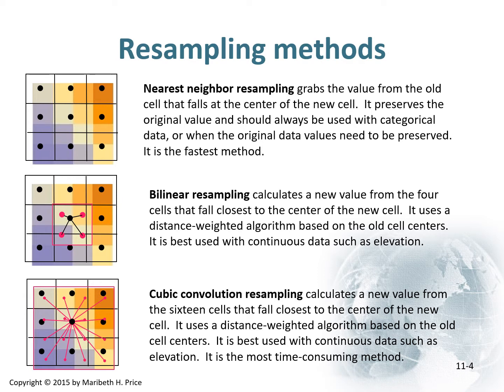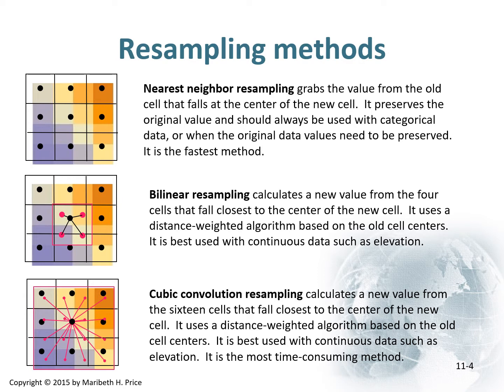Bilinear is different. Okay? Bilinear looks at the 4 cells that fall closest to the center of the new cell, and calculates a new value from them, and then it uses a distance weighted algorithm to calculate that out. So what this does is you get this new cell.